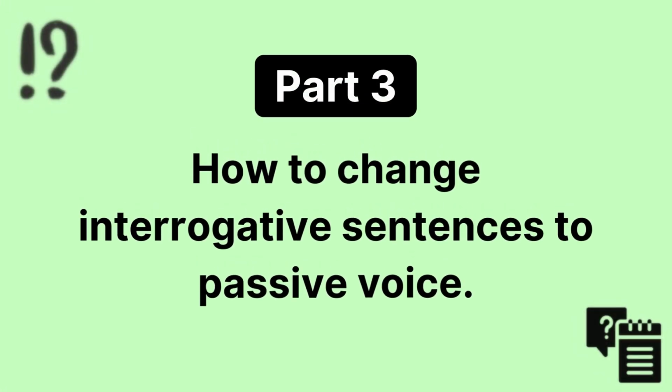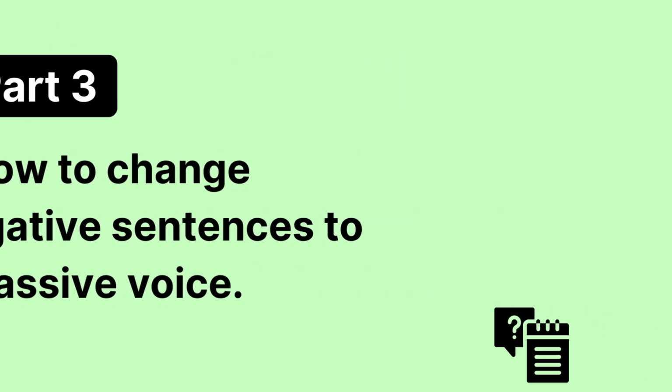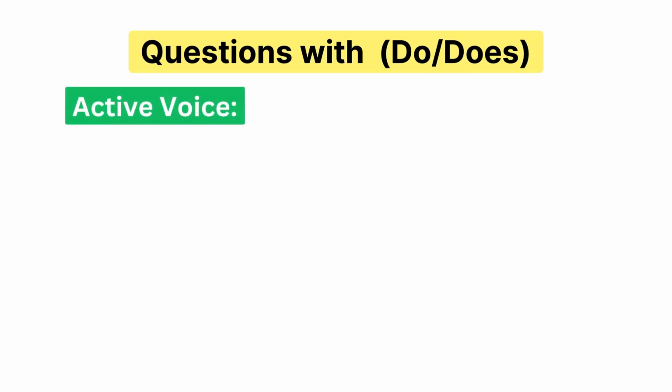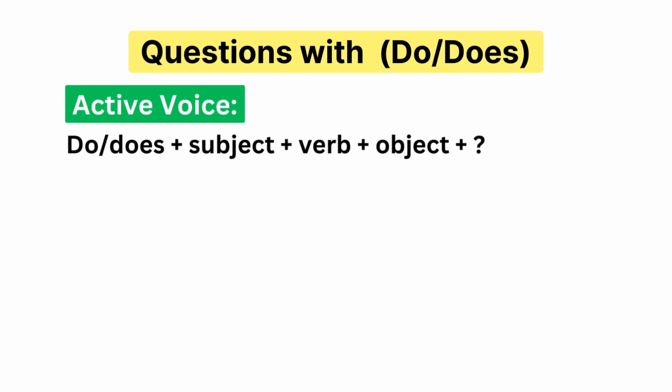Part 3. Now it's time to learn how to change interrogative sentences to passive voice. Questions beginning with do or does. The normal structure of interrogative sentences in active voice starting with do or does is do, does, plus subject, plus verb, plus object.